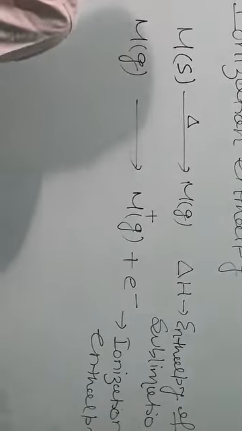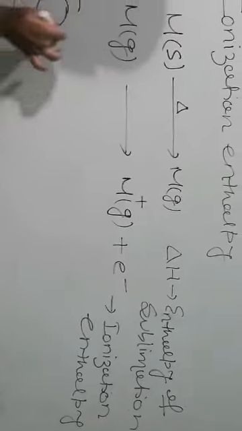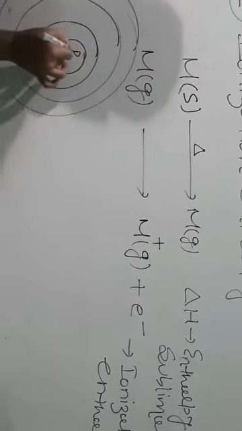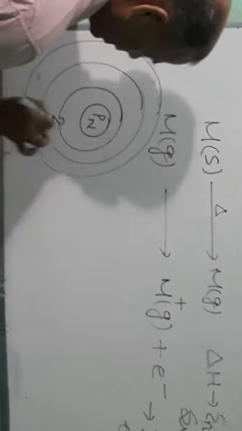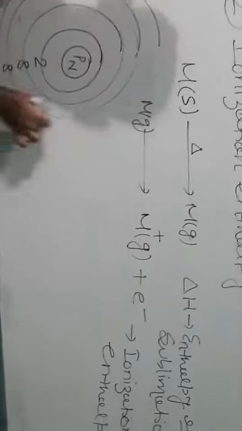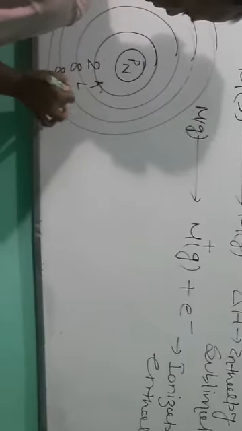Some of you last time objected about calcium, its proton, neutron, and the arrangement 2, 8, 8, 2: K shell, L shell, M shell, N shell.